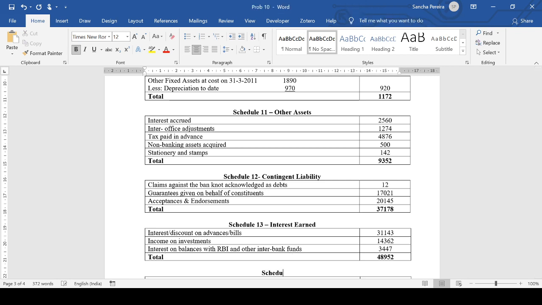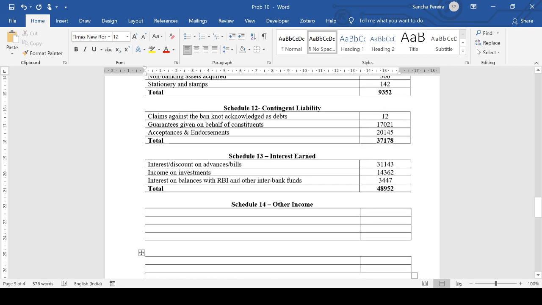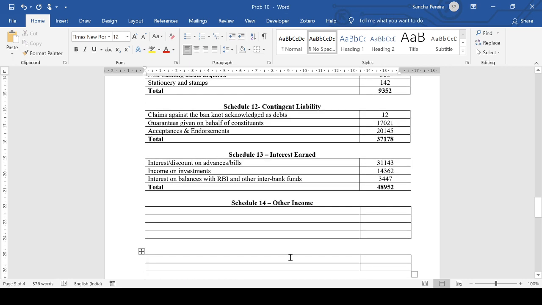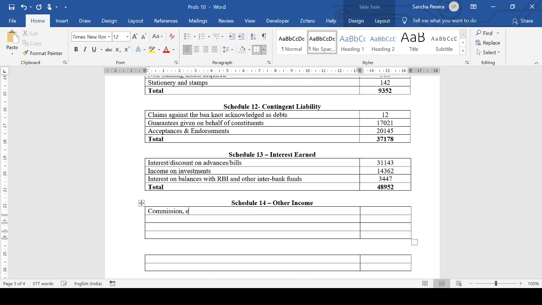Next is schedule 14, which is other income. What do we have here? Commission, exchange and brokerage, which is 4752.